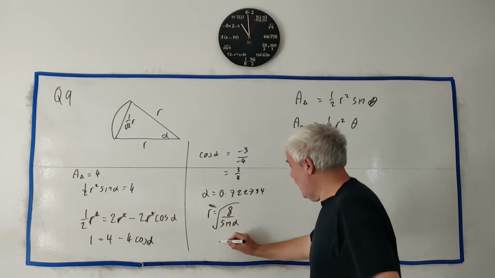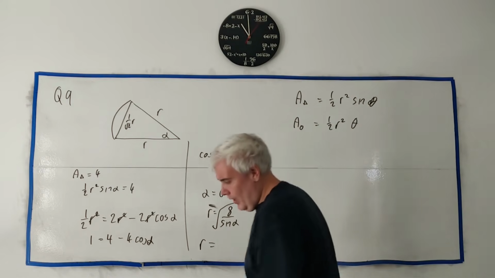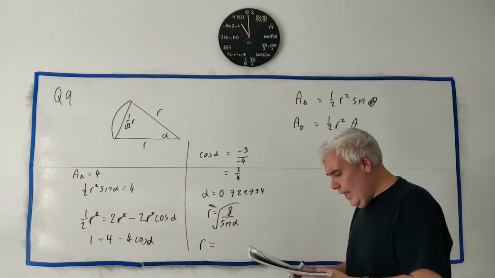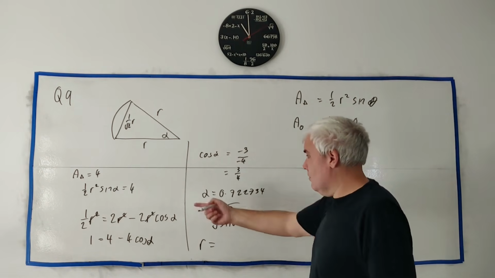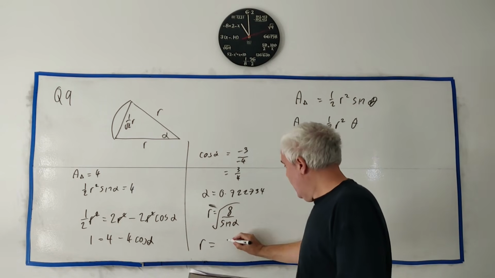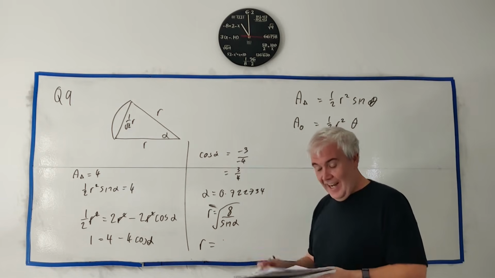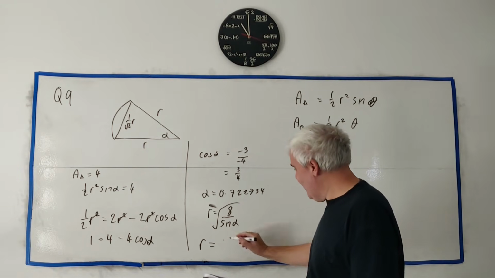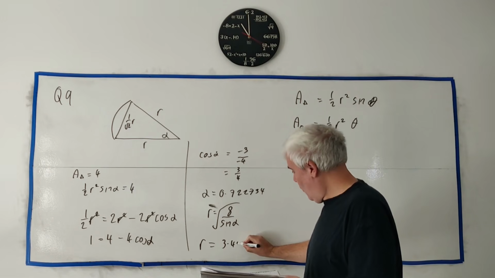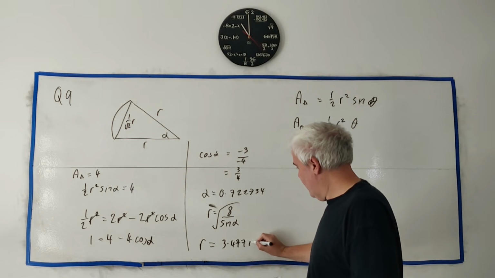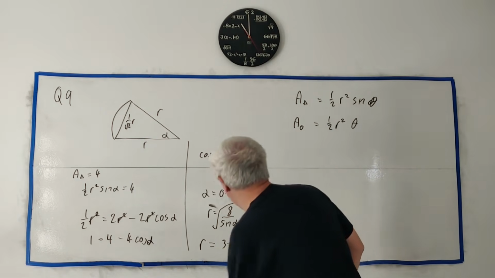We can put all this into a calculator. We will get or is equal, remember there's no plus or minus because it's a positive number because it's an actual object. When I say real, I mean so this is 3.4777.